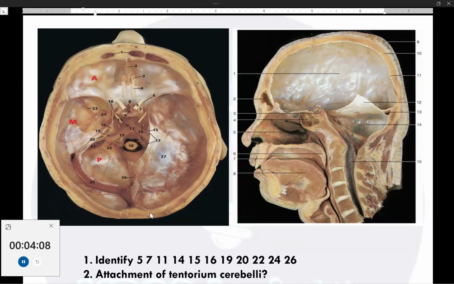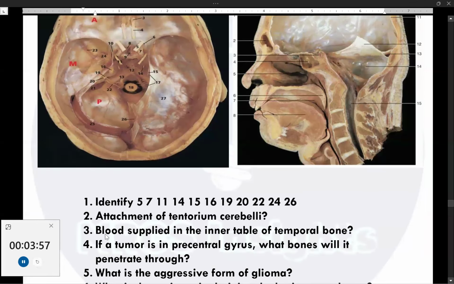Any other attachment? Ma'am, this I can remember now. Okay, no problem. You can come back to it later. So now tell me, what is the blood supply of the inner table of the temporal bone?